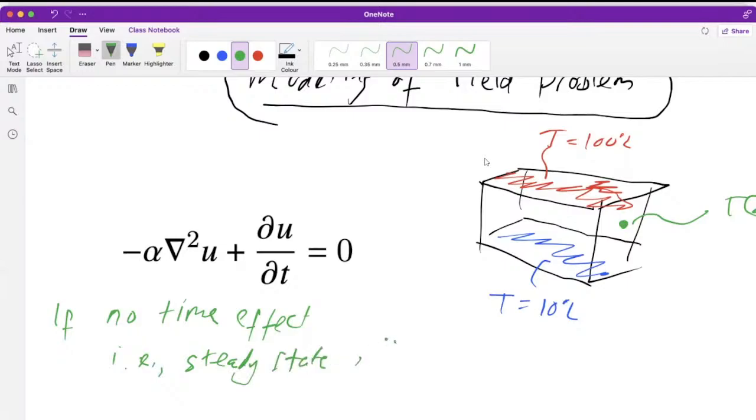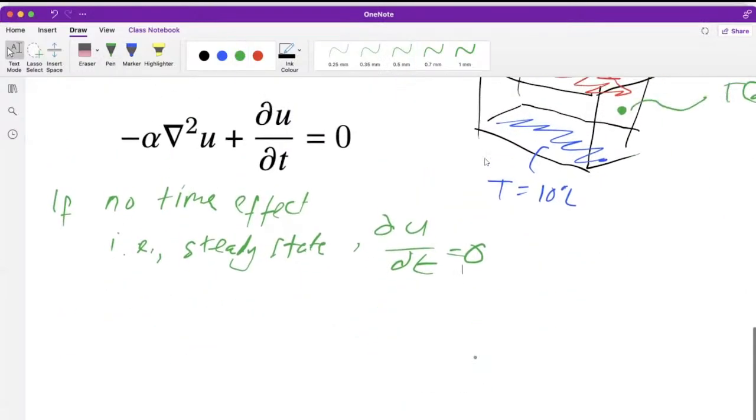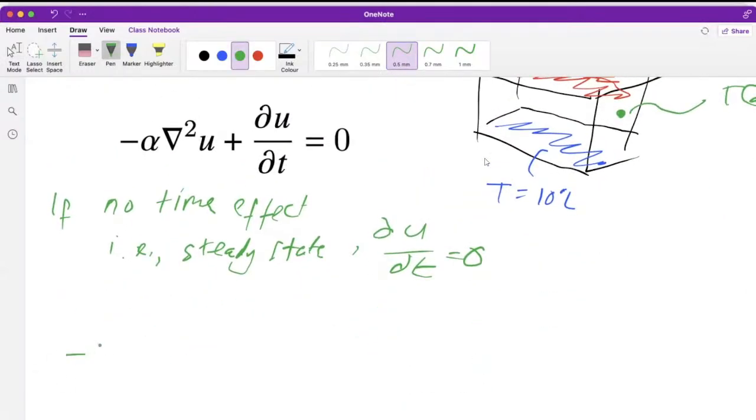Then this becomes zero. So you end up with these terms only, and then alpha here. Also, because you have zero on the right hand side, you can write it this way: u equal to zero, right? So think about this.